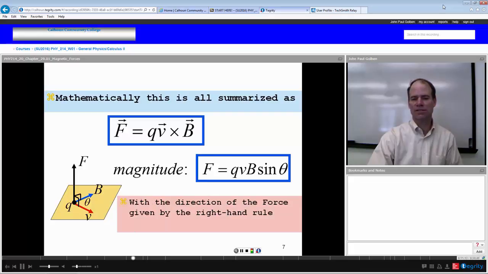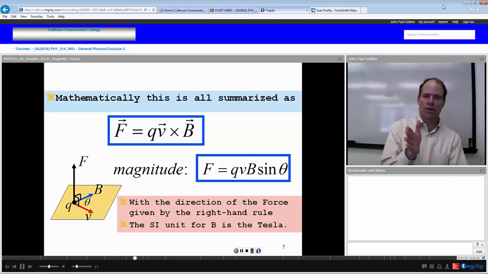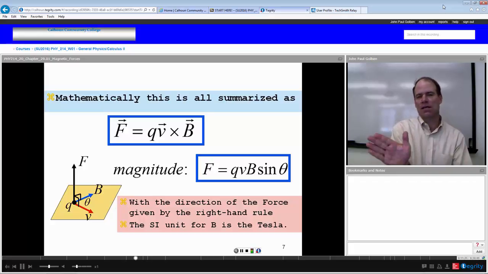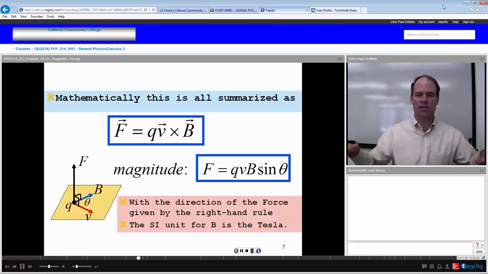And the direction of this force is given by the right-hand rule. Right-hand rule would be for a cross product. You point your fingers in the direction of the first vector, in this case velocity. Close your hand in the shortest angle possible to the direction of the second vector, which is the magnetic field, and then your thumb would point in the direction of the cross product, which will make it perpendicular to the plane formed by the first two vectors.